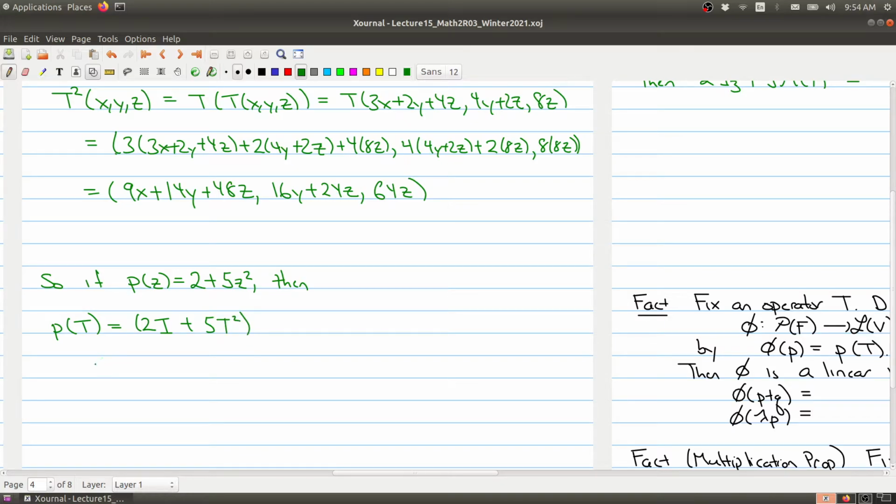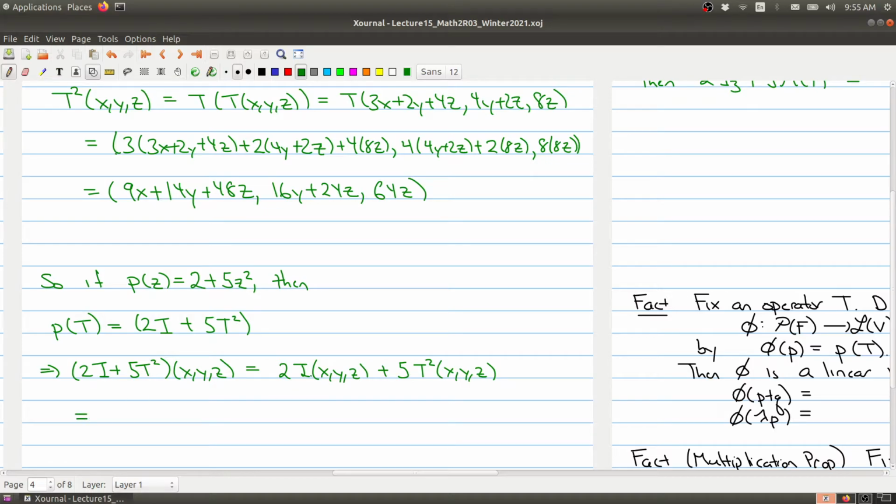What this means is this is an operator that tells me where I can send a triple. So where does it send the triple x, y, z? Well, it will send it to 2 times where the identity operator sends x, y, z, plus 5 times wherever x, y, z get sent to by T squared.